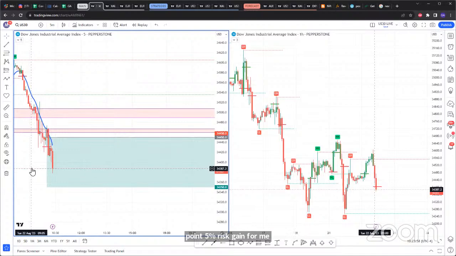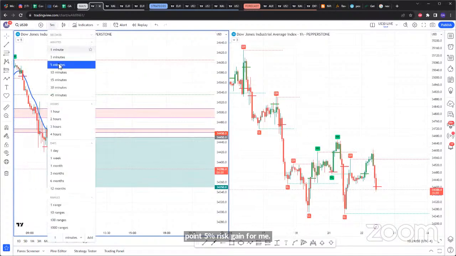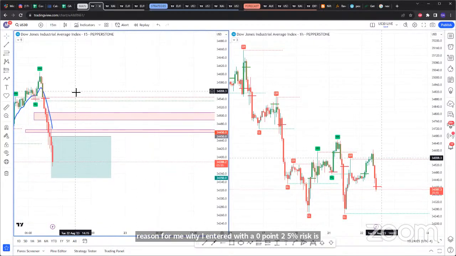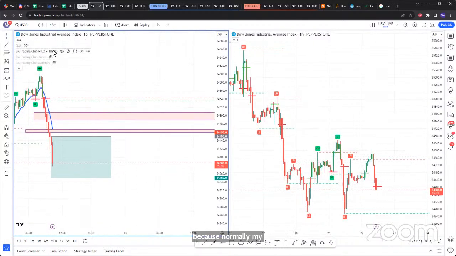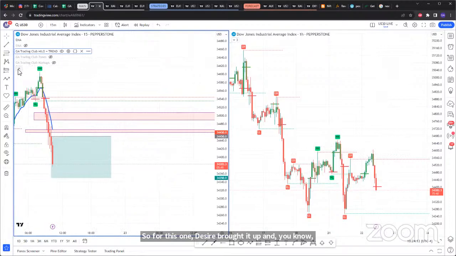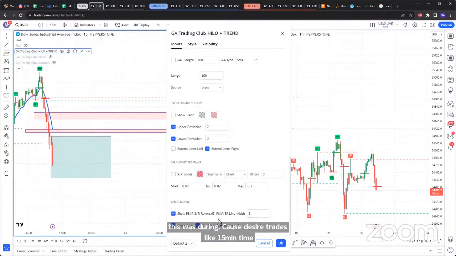The other reason I entered with a 0.25% risk is because normally my entries are on the hourly time frame. Desire brought this one up, because Desire trades 15-minute and also 30-minute time frames, so I'm looking to extend this.